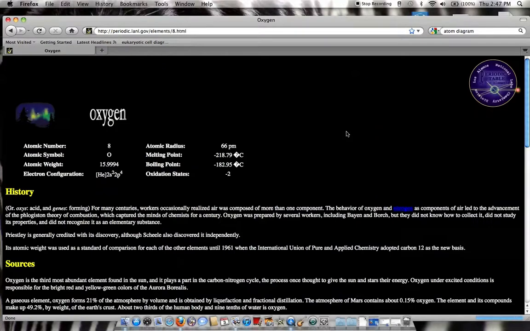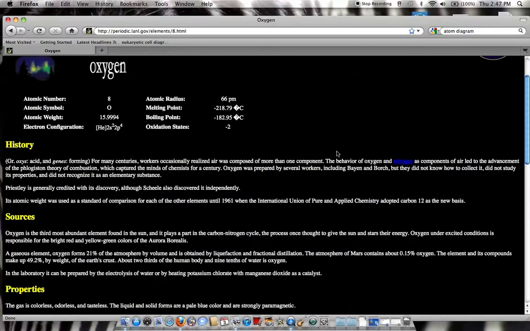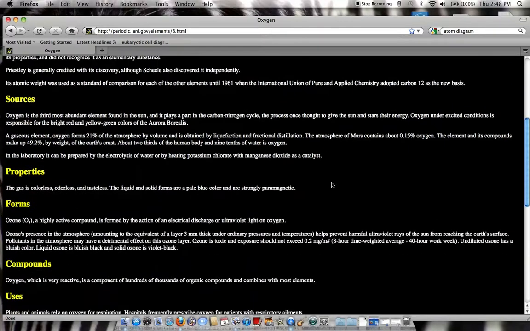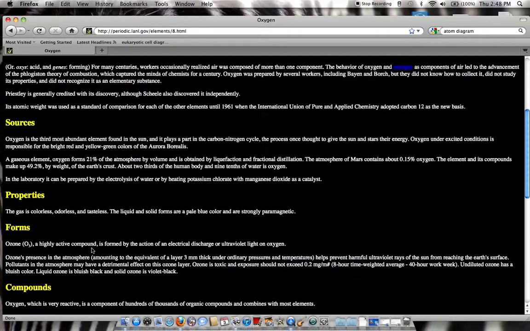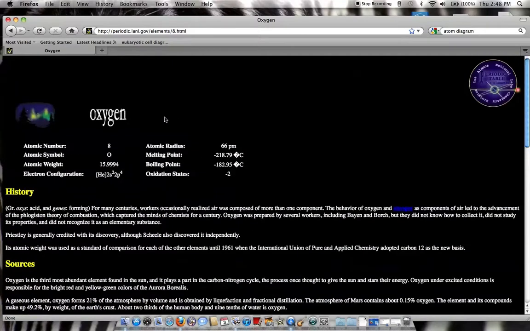Oxygen is the first element that is contained in living things. The properties of oxygen: colorless, odorless, tasteless gas. Uses: plants and animals rely on oxygen. Of course we do. Okay? So you might want to take a look at some of these things.